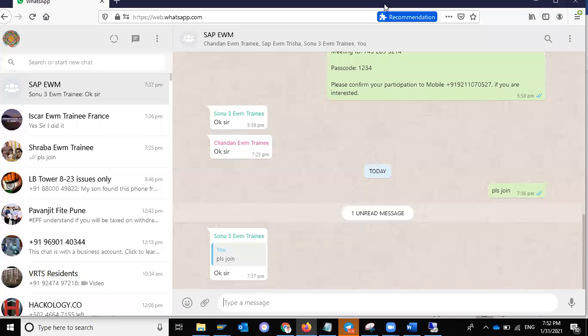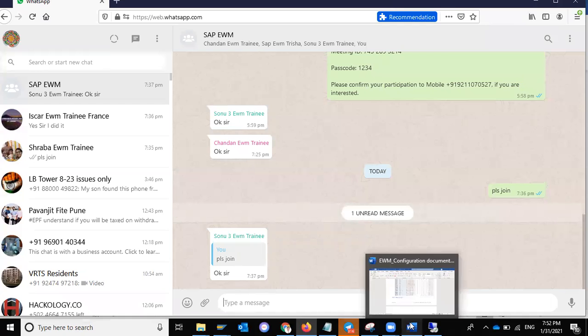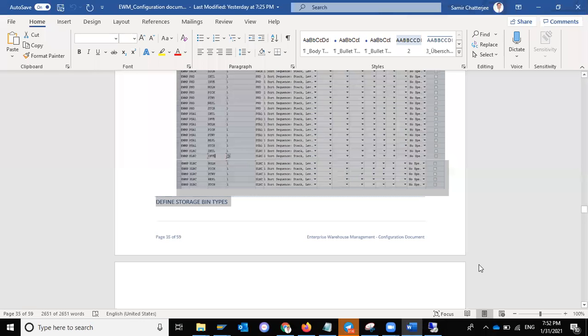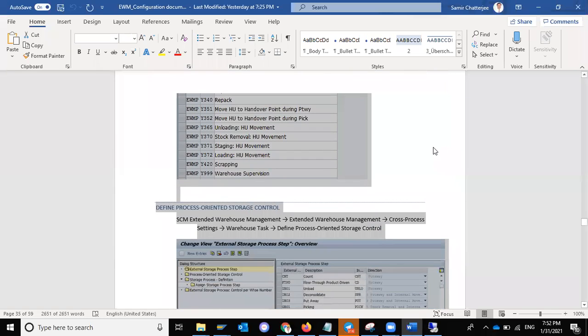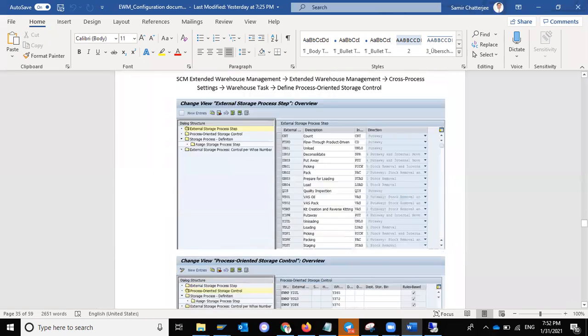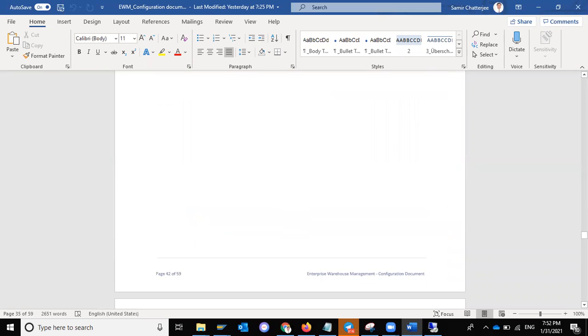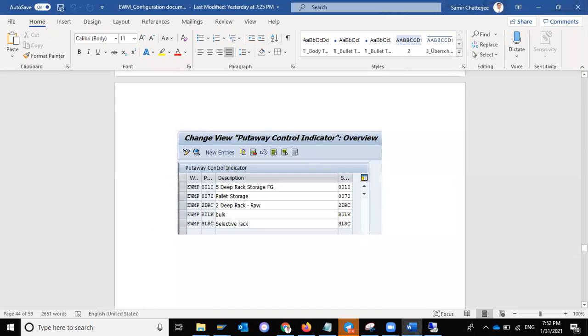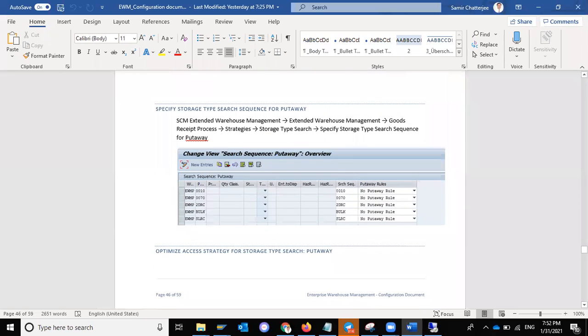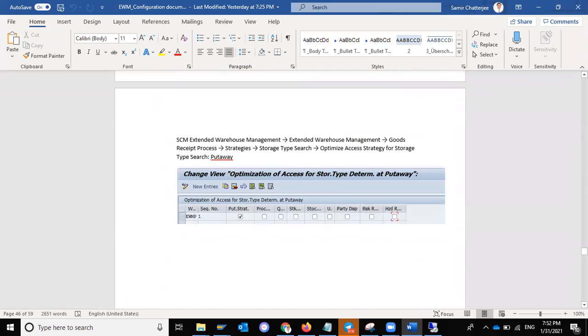Now we can... Page 47, yesterday we have completed. It was POS for stock removal strategy, right?